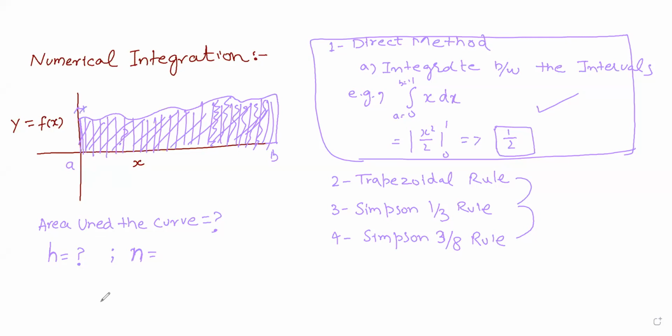How can you calculate it? h is given by b, the maximum term, minus a, the first term, divided by n, the number of intervals you want to divide into. You may divide into 6, 7, or 8 intervals, it's up to you. So h is equal to (b minus a) divided by n. This is the value of h. I hope this is clear to everyone.